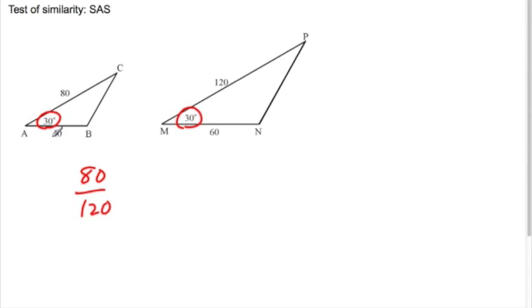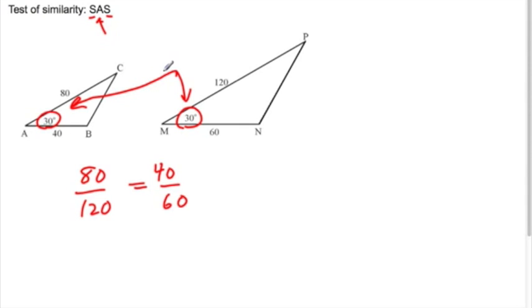And then I compare that to 40 over 60, which is AB over MN. I can see that they're in the same proportion. And then the included angle, so that's the angle in between the two sides, is 30 degrees. I can see that the two triangles are similar. So then I know it passes the side angle side similarity test.